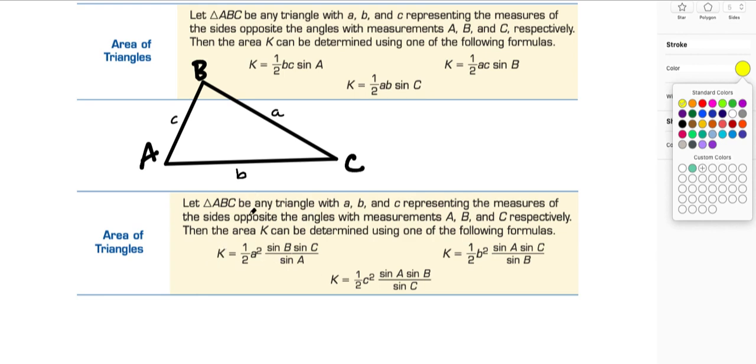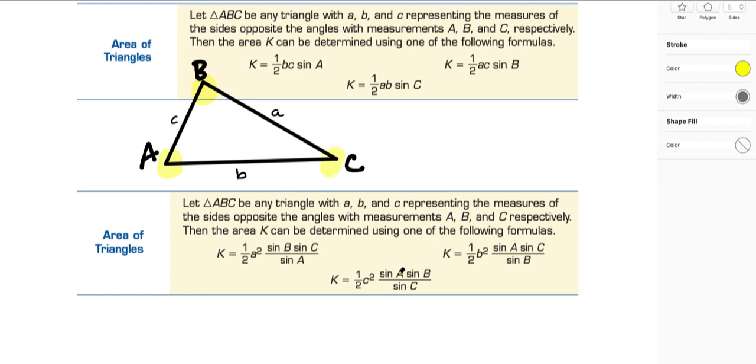Looking down here, you notice that you need all three angles for each of these. But what this formula does is, if you have all three angles and just one side, let's say side a, then you can find the area of the triangle. And the same goes for all three sides, side c and side b. So even though there looks like a plethora of formulas, there's really only two in these two theorems. All right, let's get started with some examples.